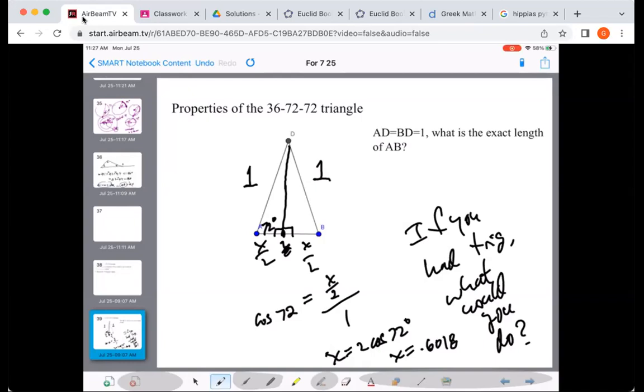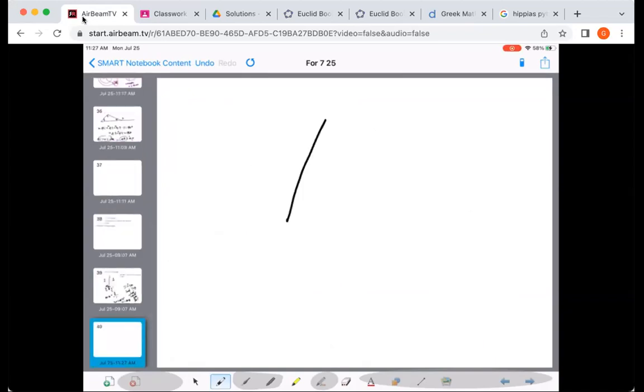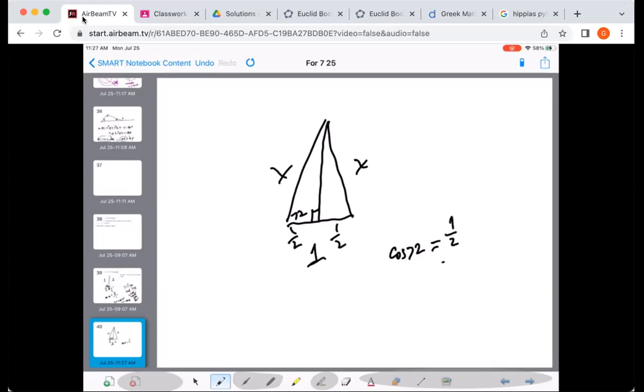If I instead chose to make the base 1 and put the x's here, then you would say cosine 72 is equal to 1/2 over x, which would make x equal to 1/2 divided by cosine 72, which would end up becoming 1.618.